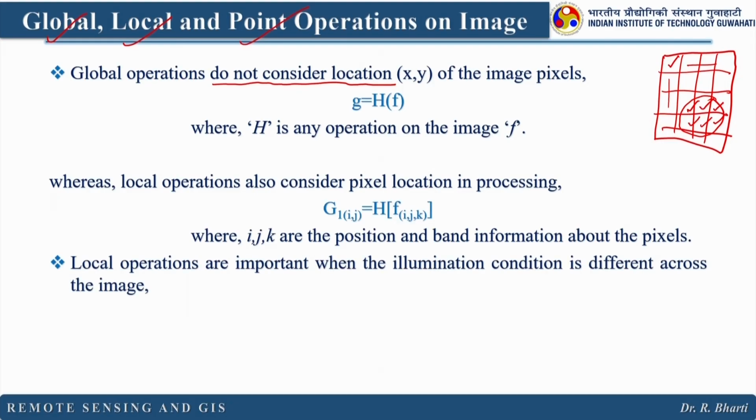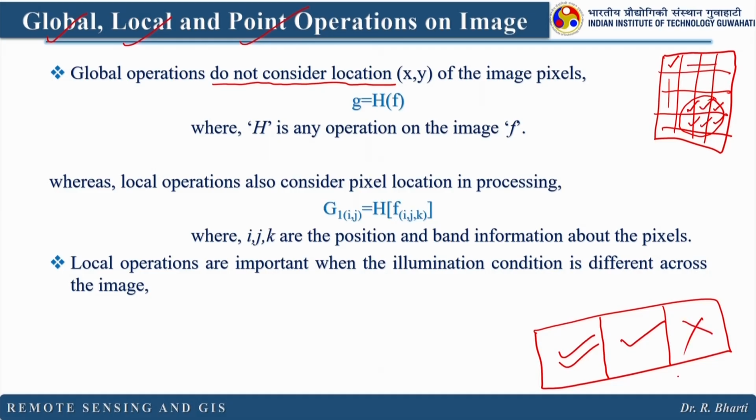And local operations are important when the illumination condition is different across the image. So if you have an image and you find that this particular area has some haziness or not very good contrast, and you divide this into 3, and this area requires a little processing and this area does not require anything, right?